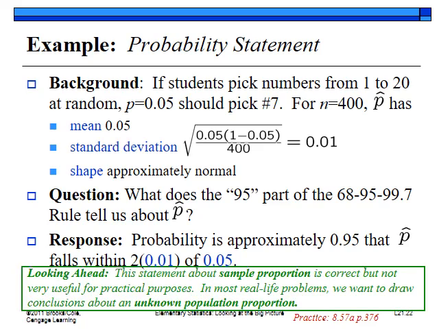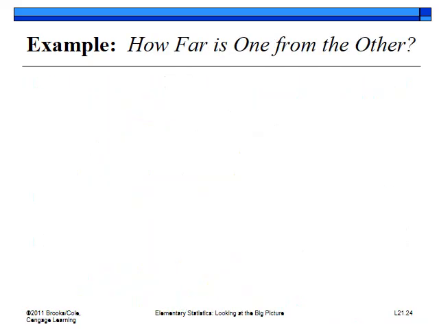That means between 0.03 and 0.07. Now, in this case, we knew what the ideal population looks like. We knew, in this case, p. Going forward, we may not know what that population proportion is, and we want to try to get information about it.